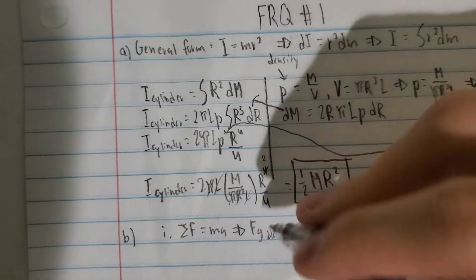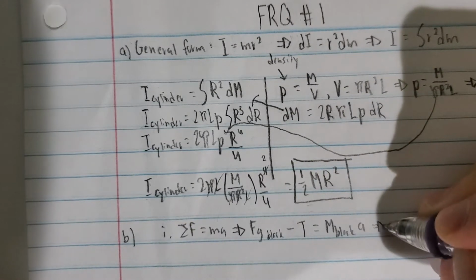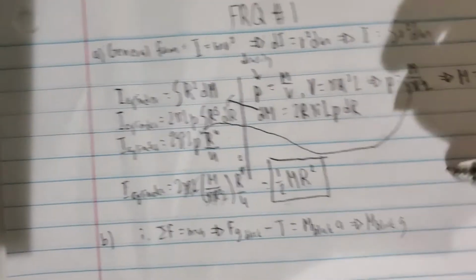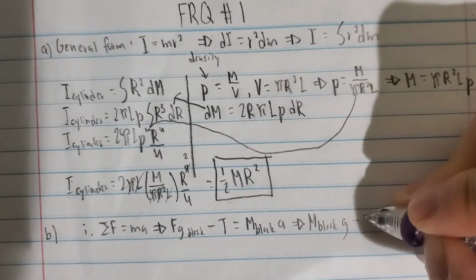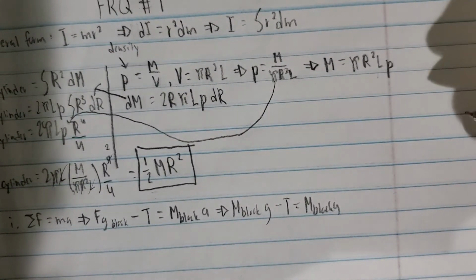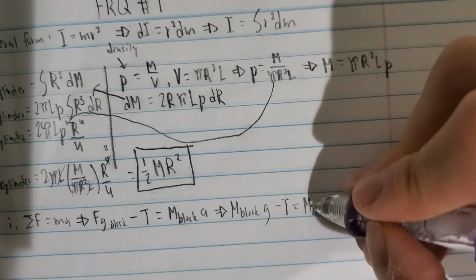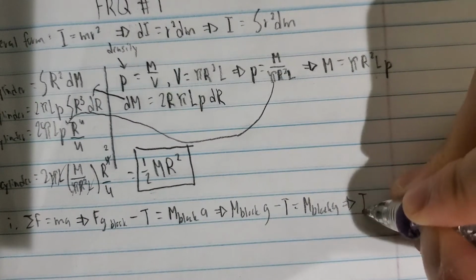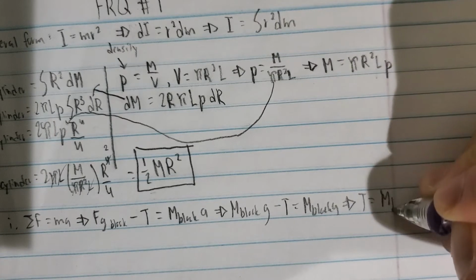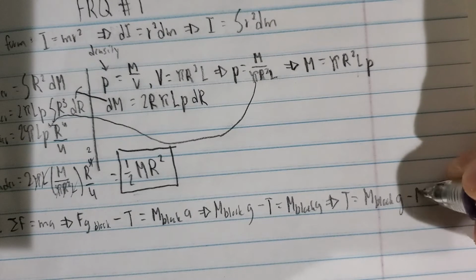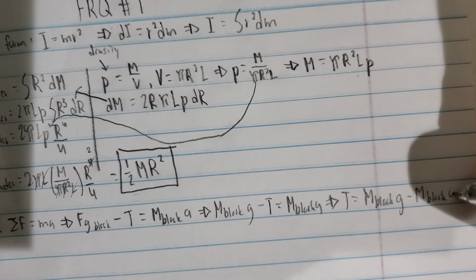Okay, so Fg is essentially just mass of block times gravity, and that minus T is equal to m block times acceleration. I want to isolate for T, so I'm going to add T to this side and subtract m block A to this side. So essentially, T is going to be equal to m block times G minus m block times A.